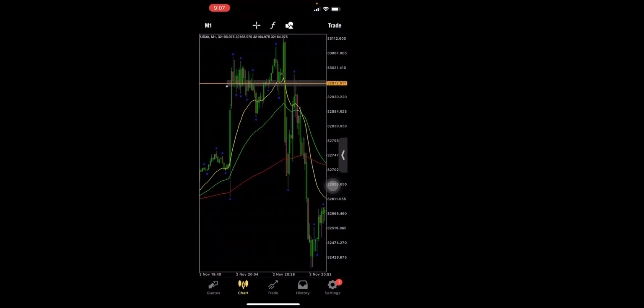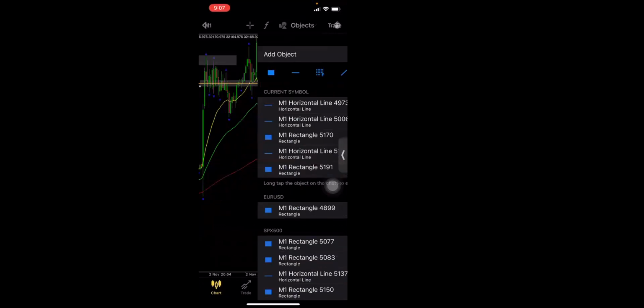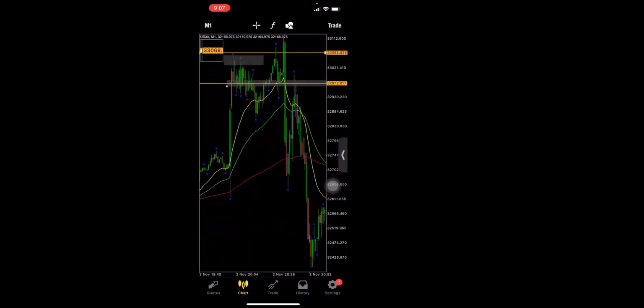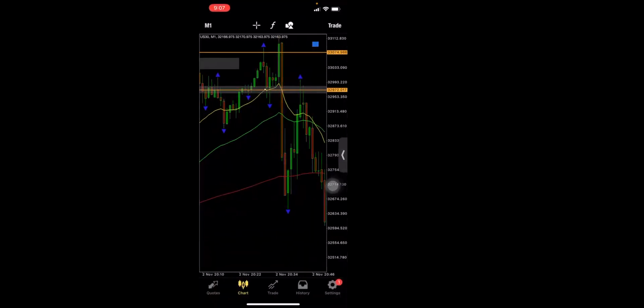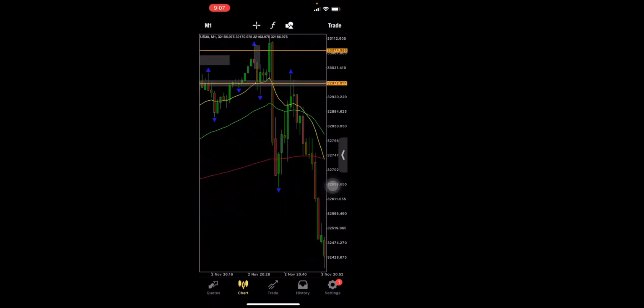My stop loss was above these highs right here. These are the highs I was looking at, so I placed my stop loss right up here above it. But as you can see, with these two candles and their wicks, the first time I got hit right here, and I got in again.